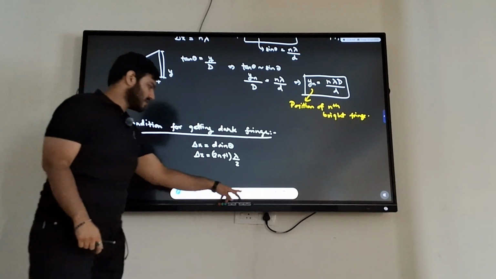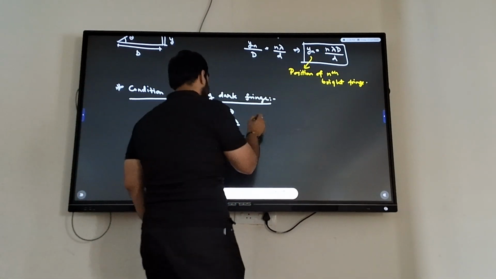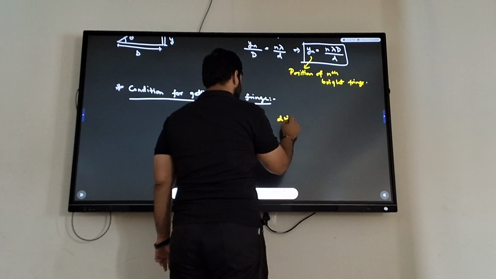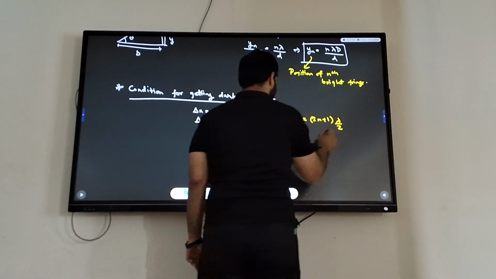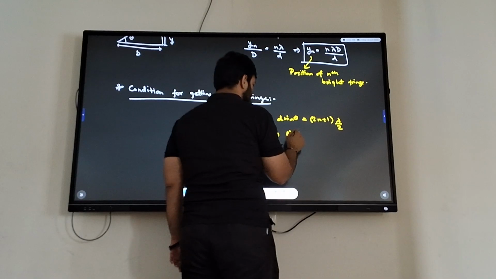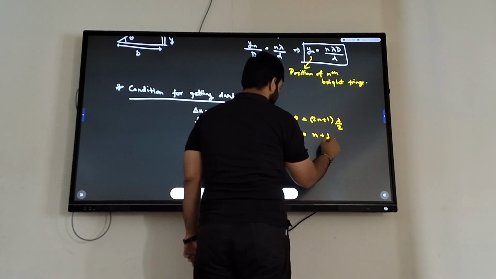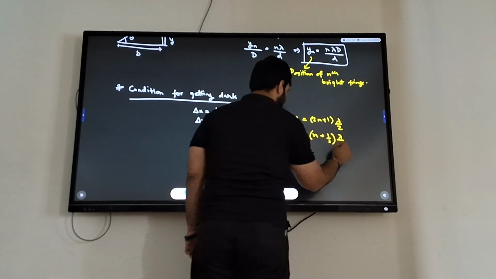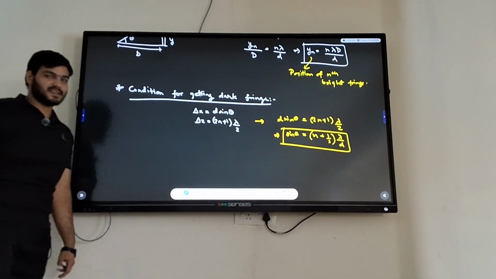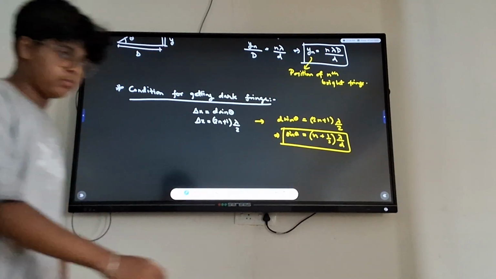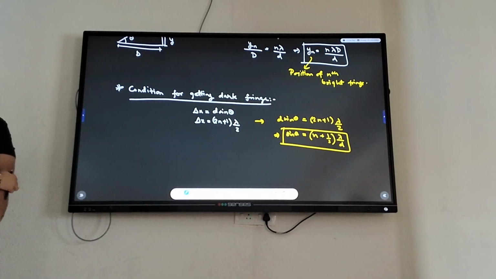From this you will get d sine theta is equal to 2n plus 1 lambda by 2, and that will be sine theta as n plus half lambda by d. Yes, this is the expression that we get, right? N plus half lambda by small d.